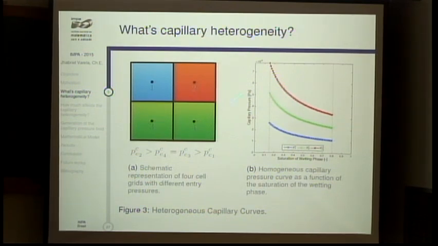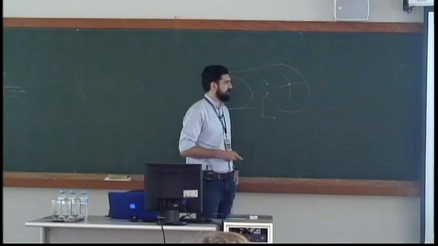So again, we plot the capillary pressure curves, but this time we have 3 different curves, okay, with different minimum value equal to the entry pressure and the maximum value of the capillary pressure evaluated at the irreducible saturation of the wetting phase. So what's the consequence of considering this capillary heterogeneity?